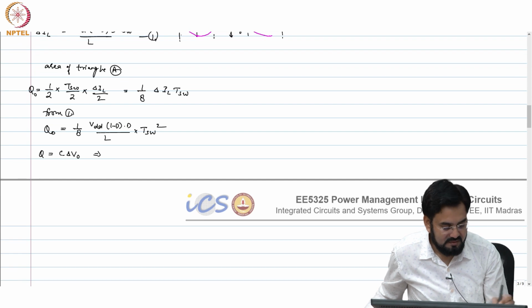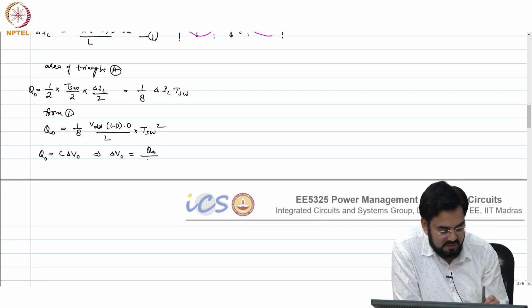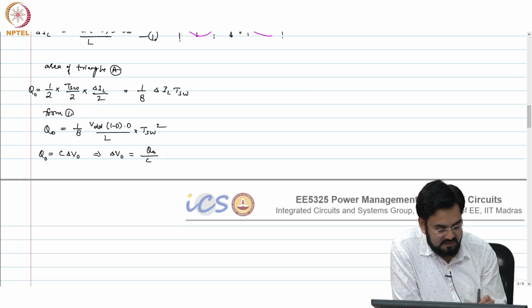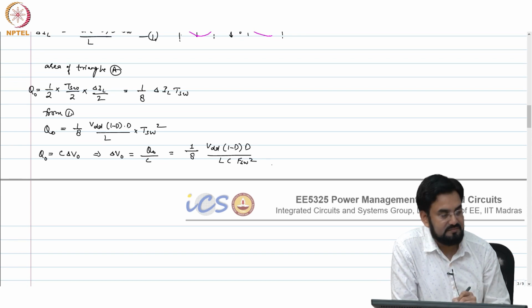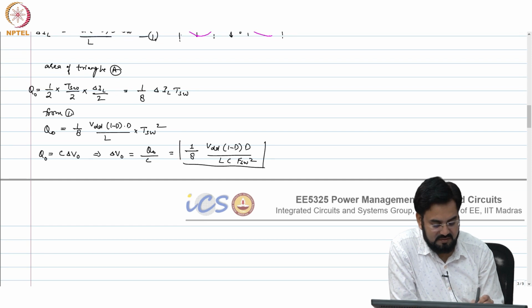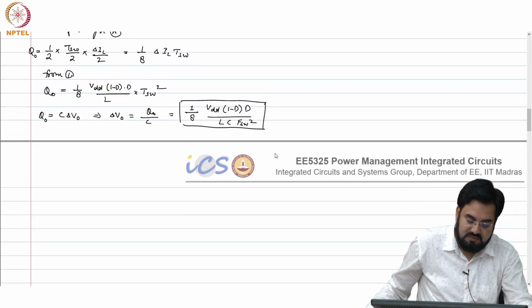This implies delta V naught equal to Q naught over C, which is nothing but 1 by 8 V d 1 minus d d over L C F S square. Okay, this is your formula for ripple current, sorry, ripple voltage.